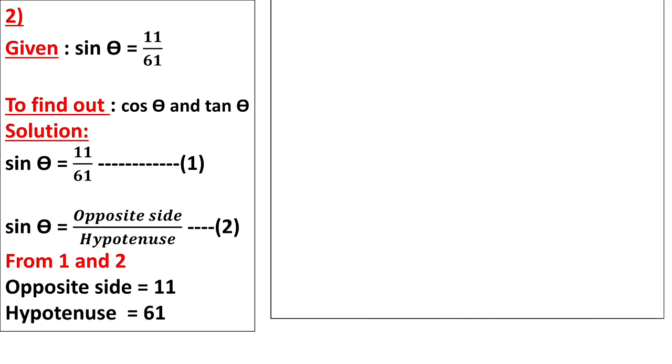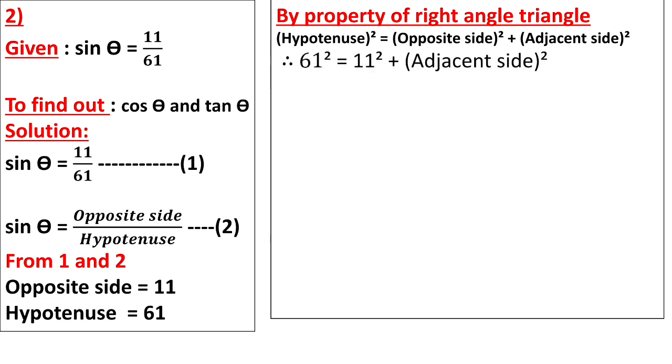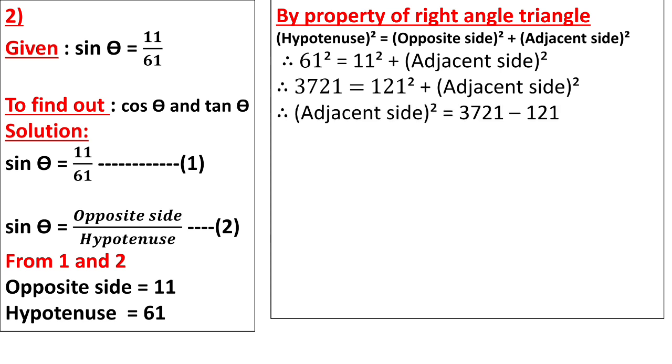By using the property of a right angle triangle, the Pythagoras theorem, use the formula and substitute the values of the opposite side and hypotenuse. The square of 61 is 3721 and the square of 11 is 121. Now children, 3721 minus 121 we get how much? 3600.